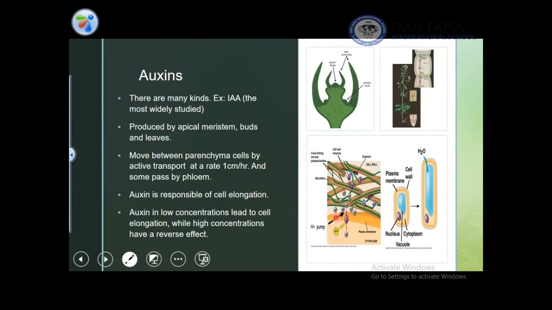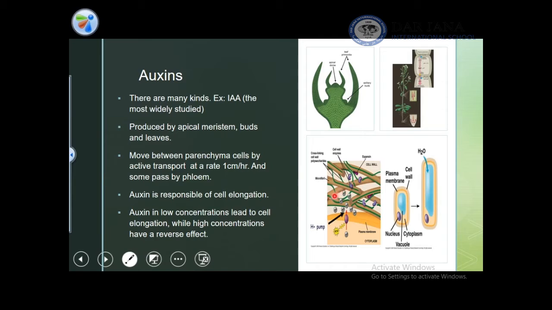It is called the hydrogen pump, and it has one function: whenever it is activated by ATP molecules, it allows the movement of hydrogen ions from the cytoplasm to outside of the plant, passing through the cell wall available here. All of this layer that you can see in this image is the cell wall of the parenchyma cell. This cell wall, as you all know, is comprised of cellulose molecules.